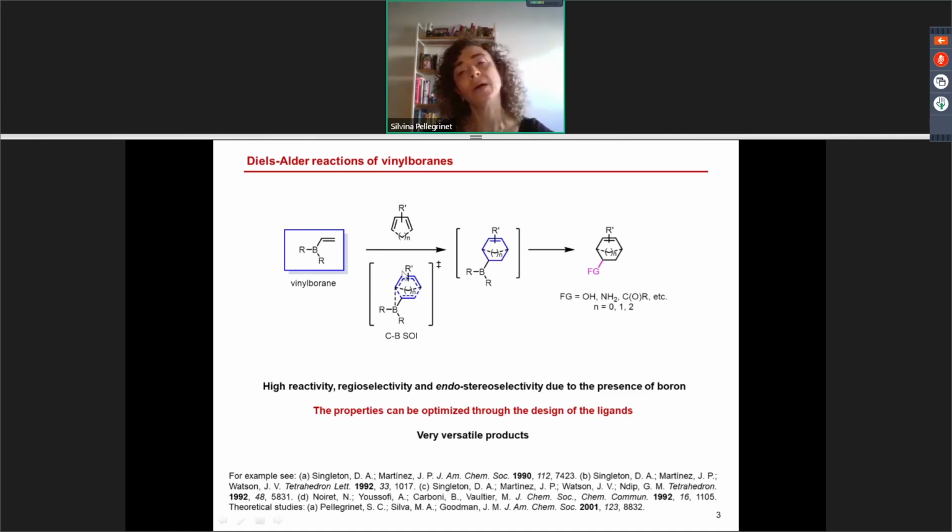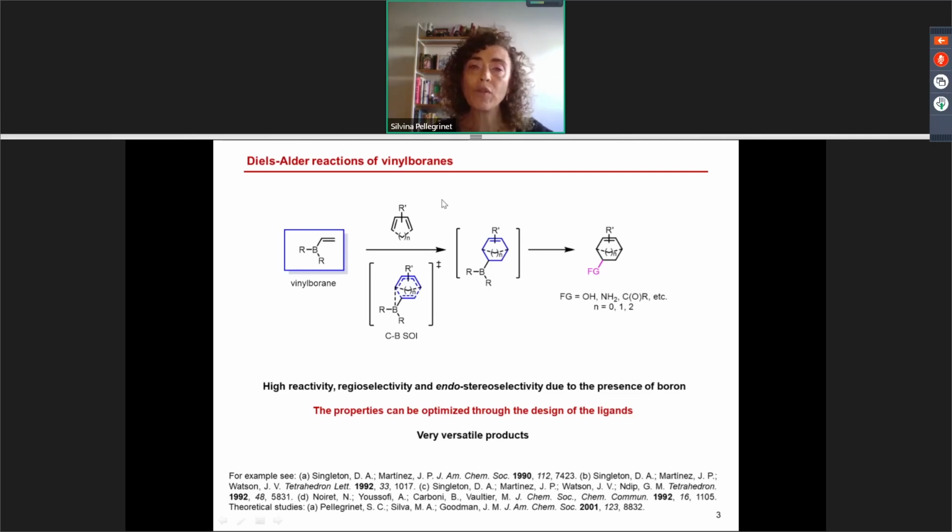And also the boron has some secondary orbital interactions in the transition structures for these Diels-Alder reactions. In addition, the properties of vinyl boranes can be rationally designed by the choice of the ligands on the boron atom.